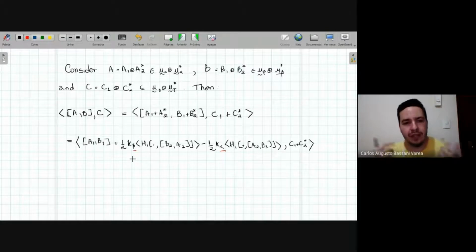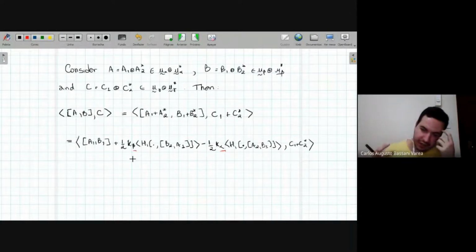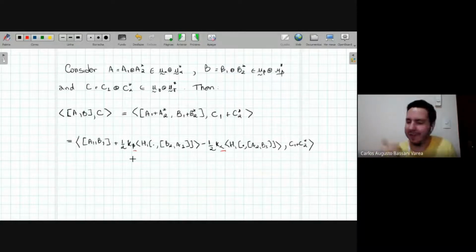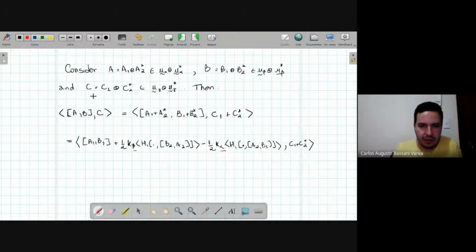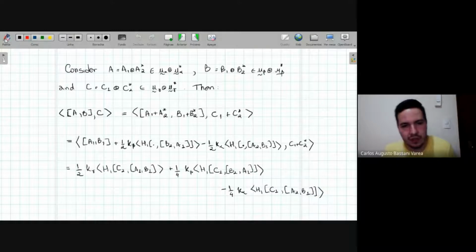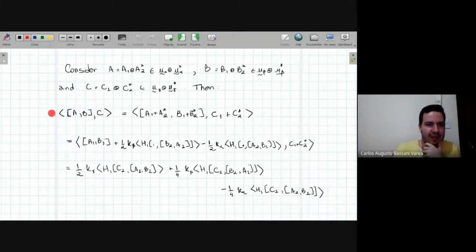And then we apply the definition of the bilinear form for the tangent plus the cotangent space that we saw in the beginning of the first lecture, which is half of the dual part here applied on the vectorial part here, plus the dual part here applied on the vector part here. Okay, this is the definition of this bilinear form. So when we do this, we obtain this expression for this first part, for this first guy here. Okay, so this is the expression for this first part.